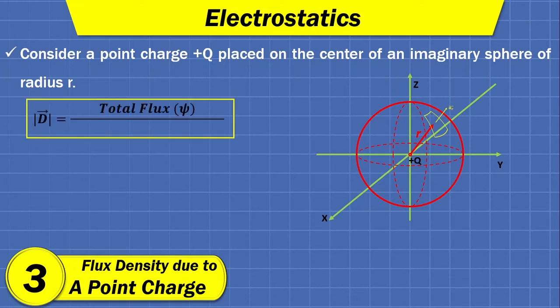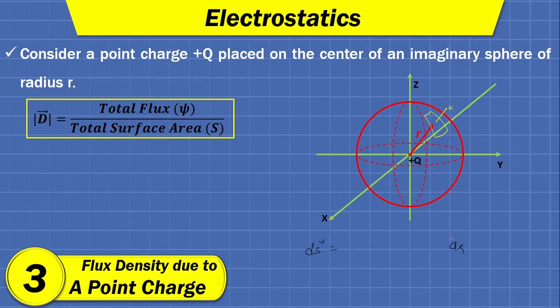So D bar, or say flux density, is nothing but the total flux divided by the total surface area. Now the total surface area for the spherical coordinate system: here the surface, or say ds bar, is in the direction of radius.